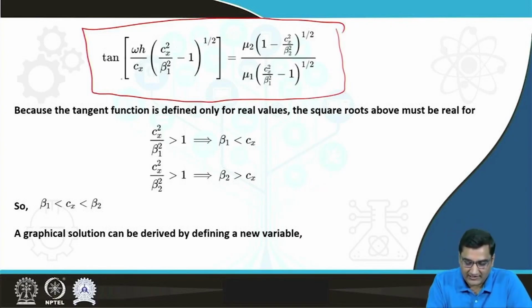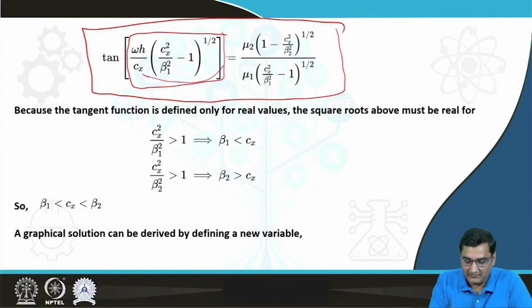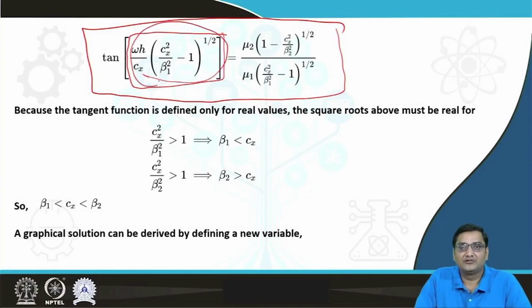For the tan to have realistic solutions, realistic roots, the term inside the root should be greater than 0.